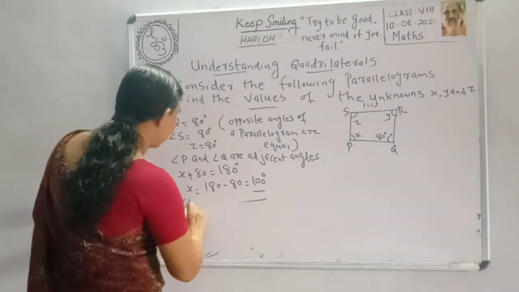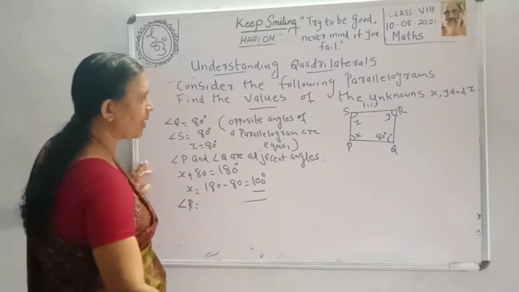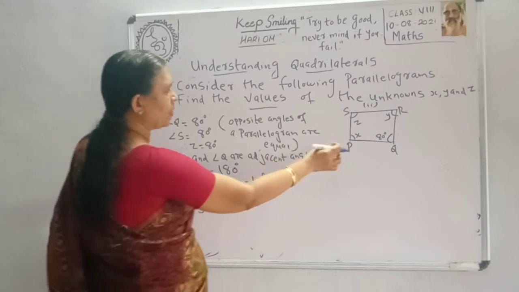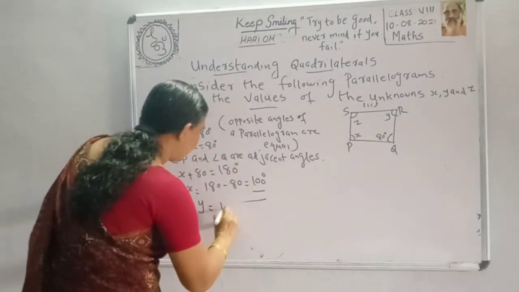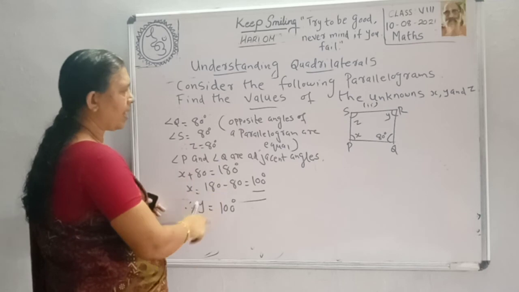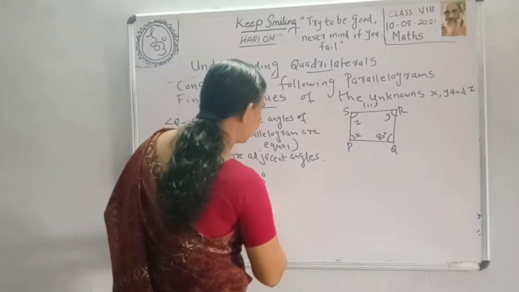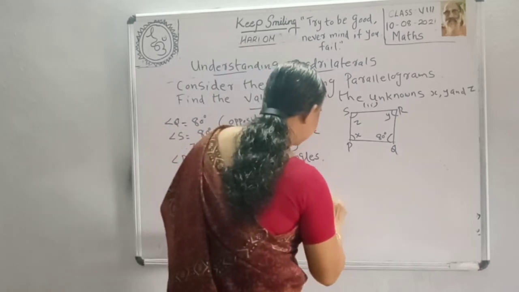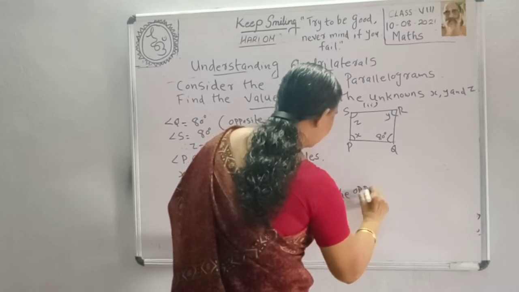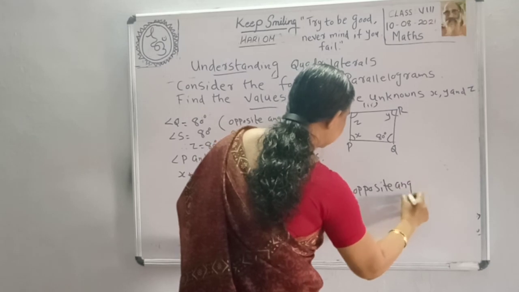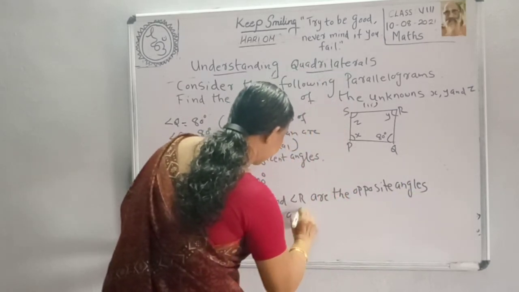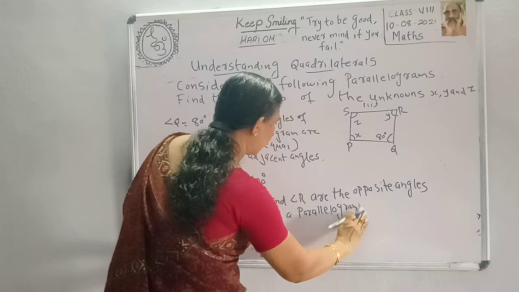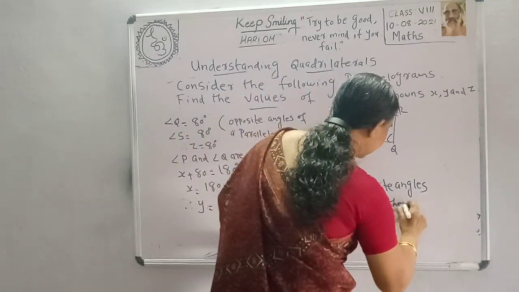Angle R and angle P are opposite angles of the parallelogram. Therefore, if x is equal to 100 degrees, y is also 100 degrees, because angle P and angle R are the opposite angles of a parallelogram, so they are equal.